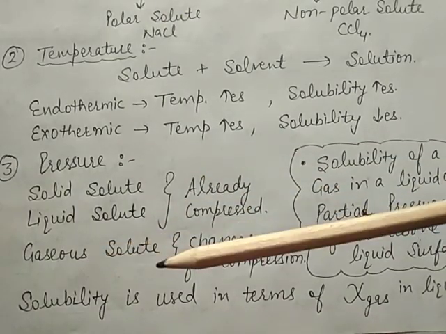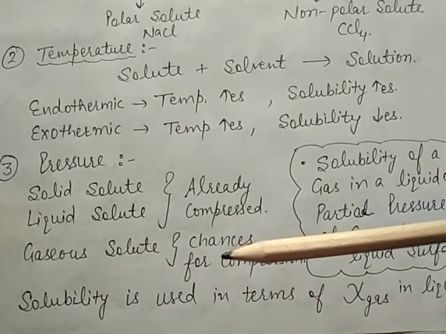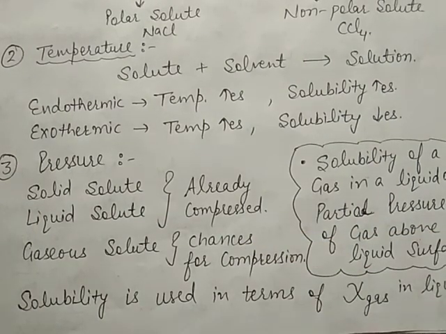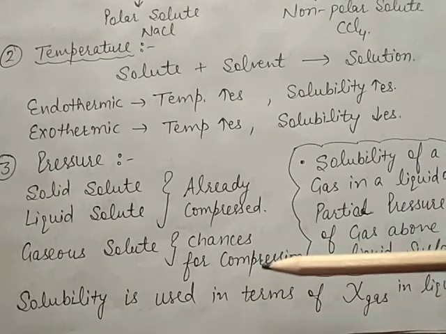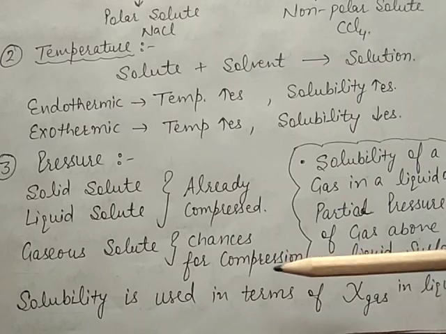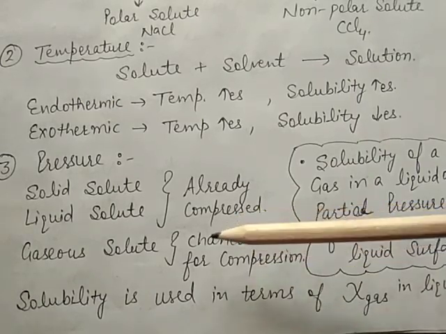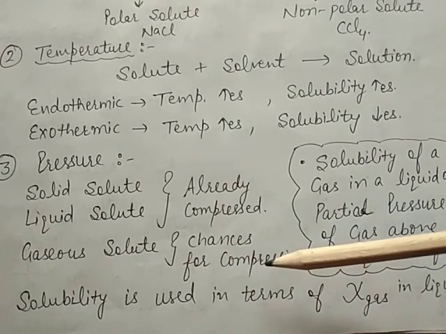But in the case of a gaseous solute, the particles are distributed in a loose manner. So interparticular space between the particles is present. So due to more space, there is a chance for compression.